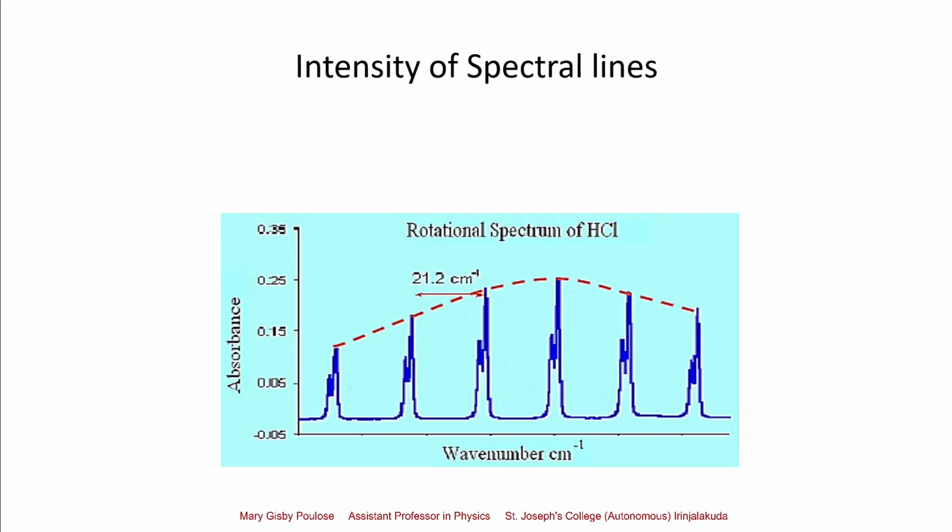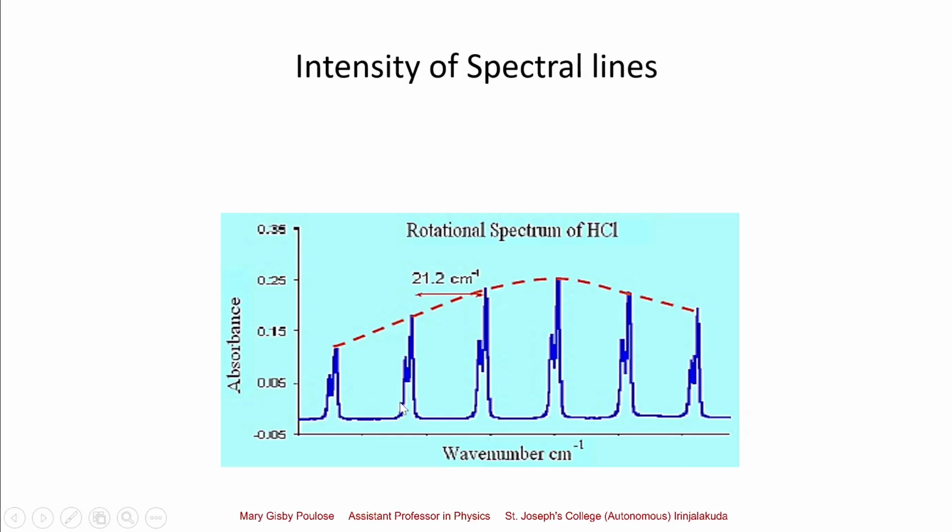Now, this is a picture of the rotational spectrum of hydrogen chloride. In this, you can see that molecules have absorbed energy, and the radiation of frequencies at these particular wave numbers has been recorded in the spectrum.